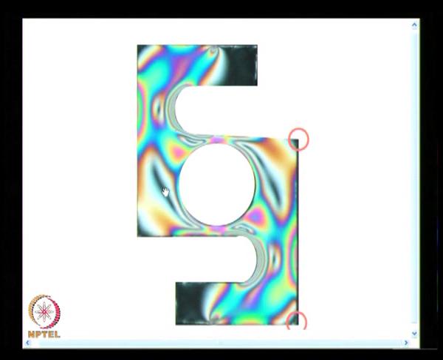So, this is again a zeroth fringe order, this is again a zeroth fringe order here, and in between you see a point where there is zeroth fringe order. So, this gives you an indication, it is not that for zeroth fringe order you have a line all along the model or all along the boundary like in a circular disc. You may have pockets, certain points are 0, you may also have some line, some points.